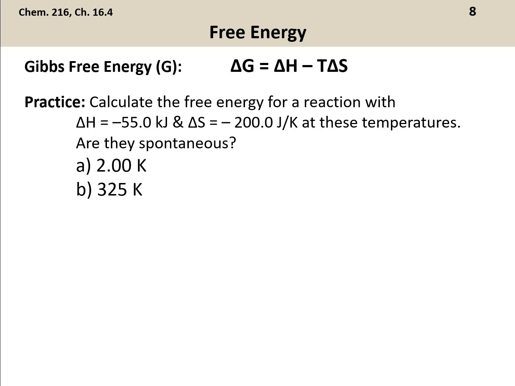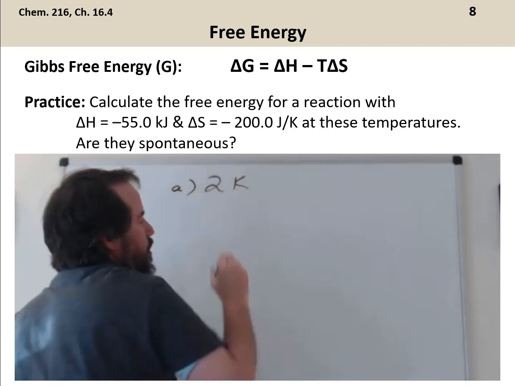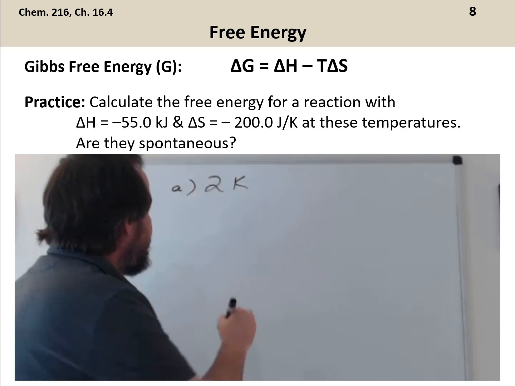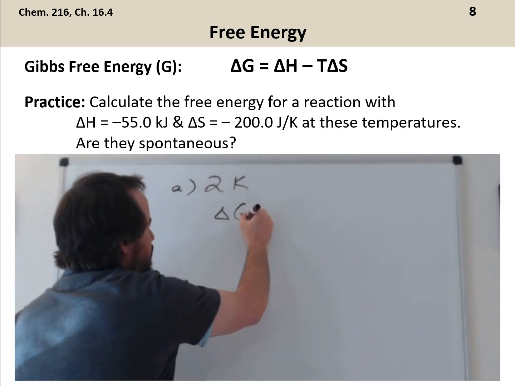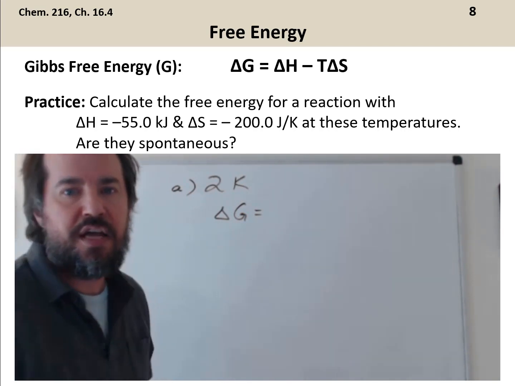The first will be at 2 Kelvin. All we're going to do is plug these in. So I have delta G equals delta H. I'm told that it's negative 55 kilojoules.